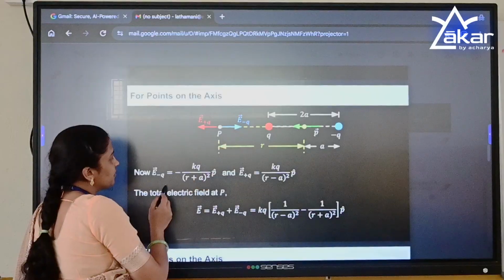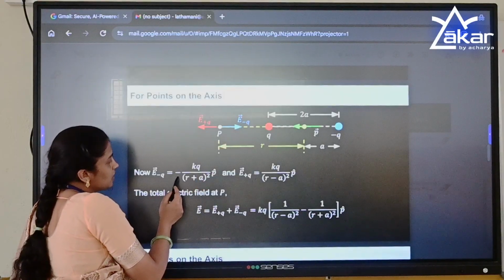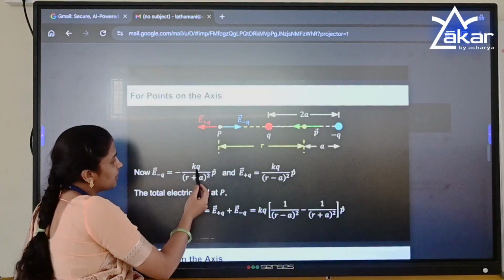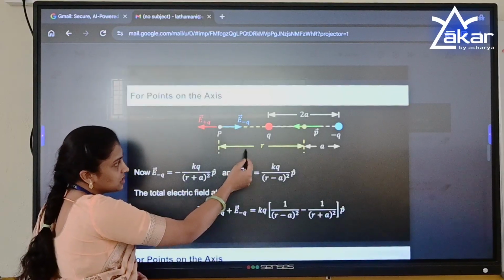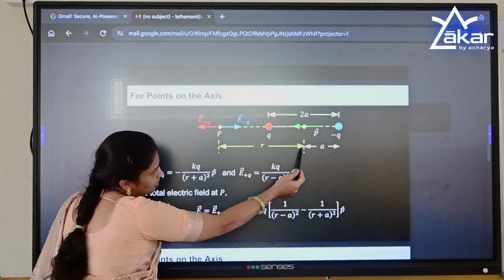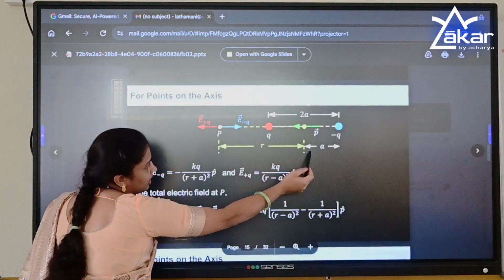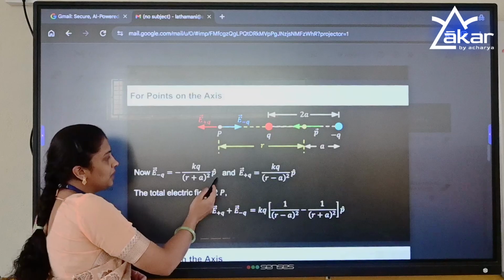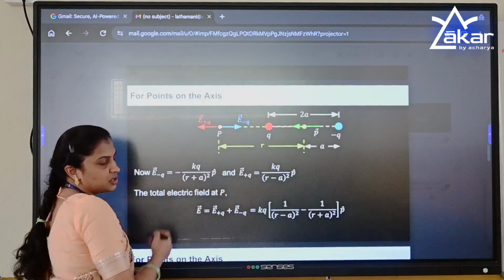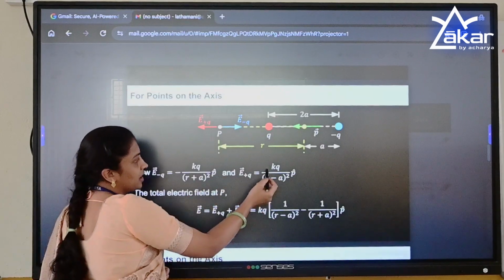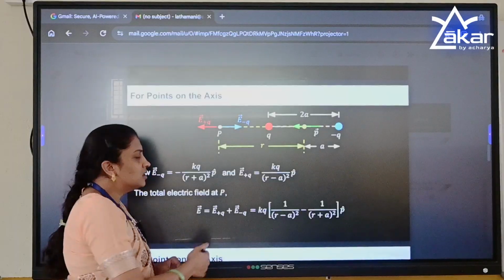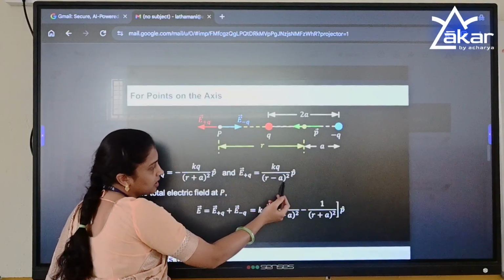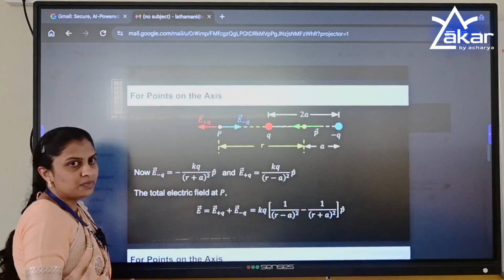So the electric field of minus Q is equal to minus K, that is 1 by 4 pi epsilon naught, Q divided by (R plus A) whole square, into P cap. Here the distance is R plus A. And E plus Q is K, that is 1 by 4 pi epsilon naught, into Q divided by (R minus A) whole square, into P cap.